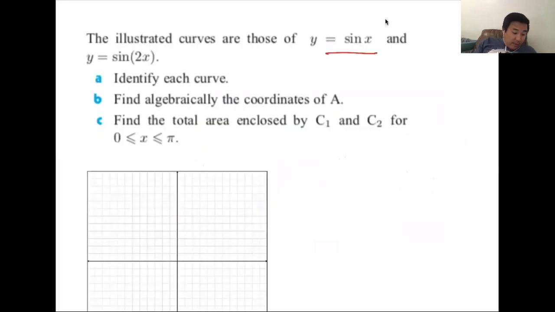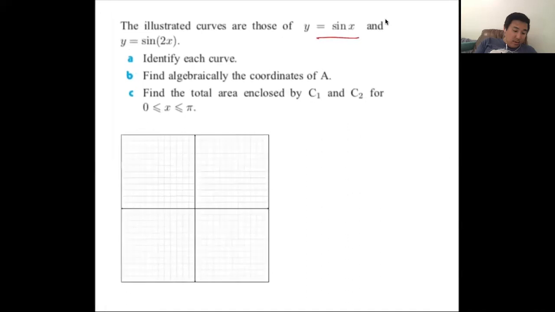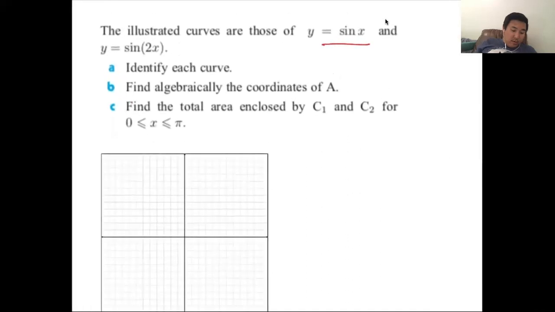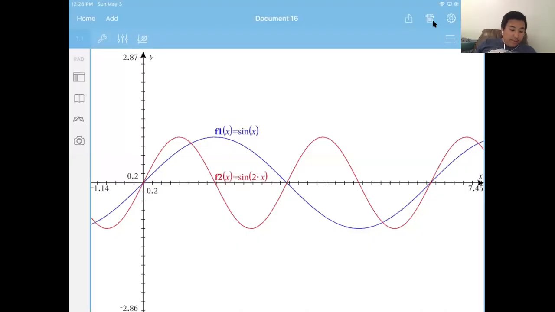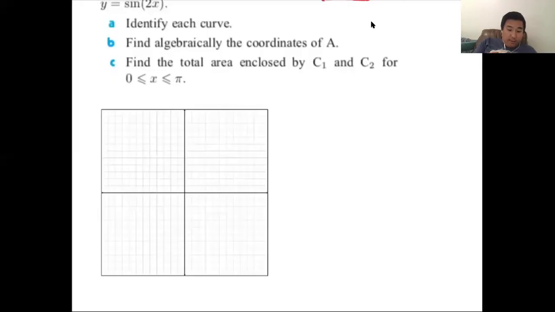Identify each curve and the algebraic coordinates of A. Alright, so here's the graph of the two functions.